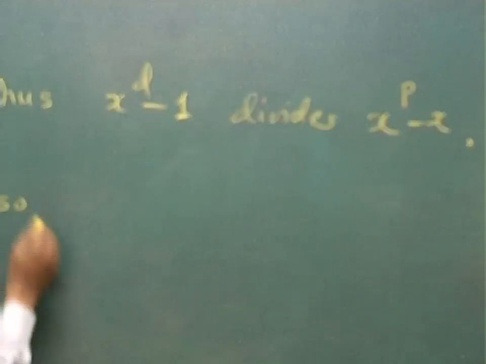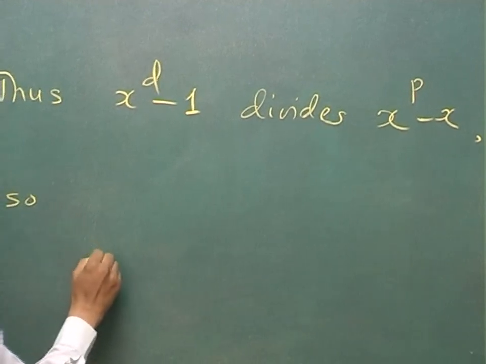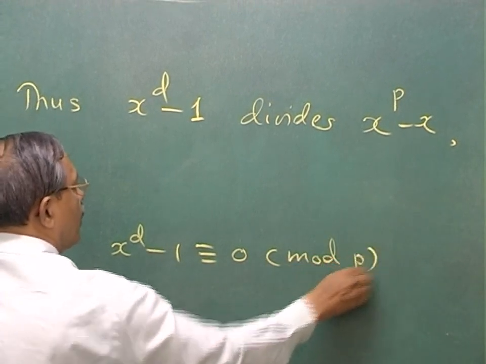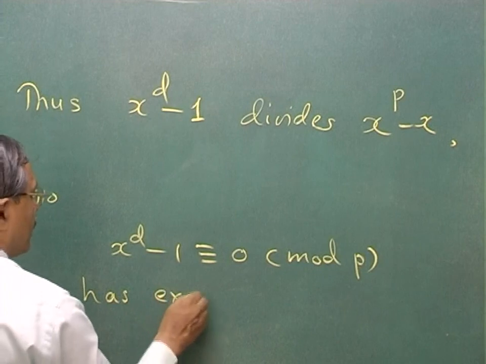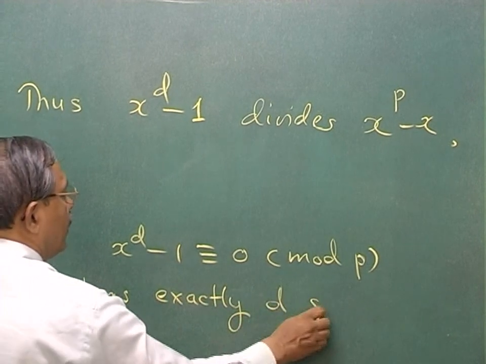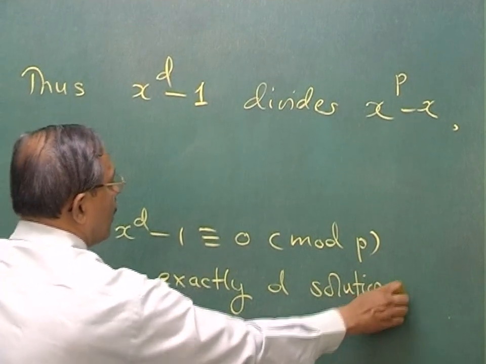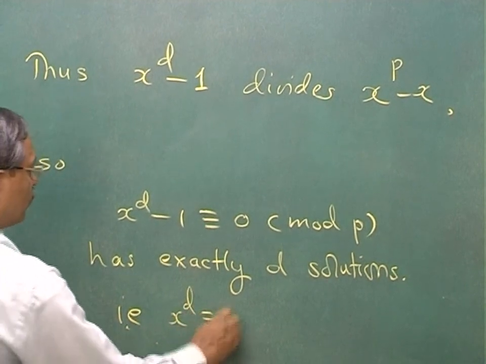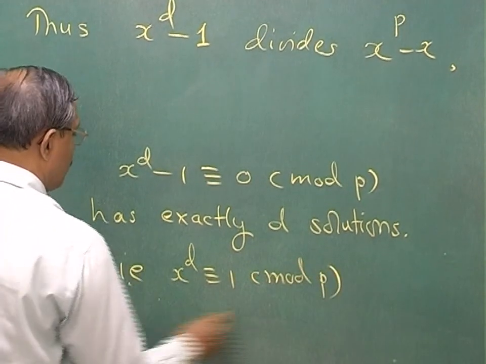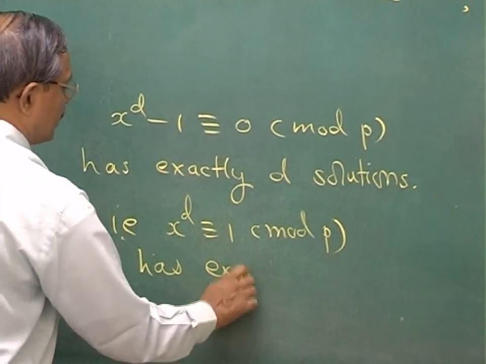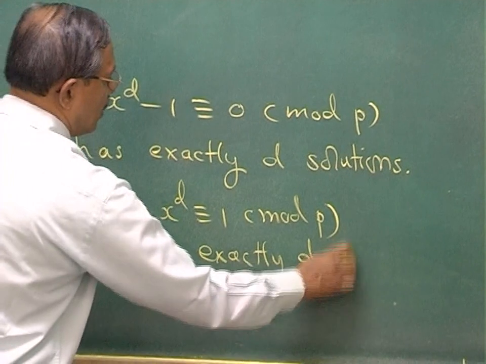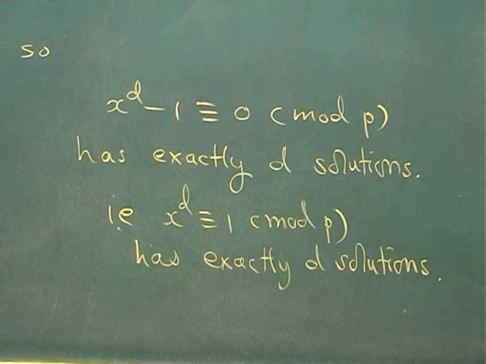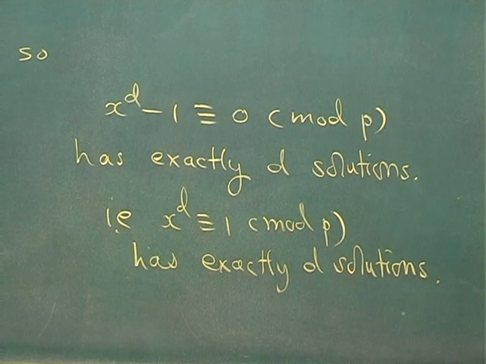So x raised to d minus 1 congruent to 0 mod p has exactly d solutions, and that is, the congruence x raised to d congruent to 1 mod p has exactly d solutions, or in other words, one has exactly d roots mod p.